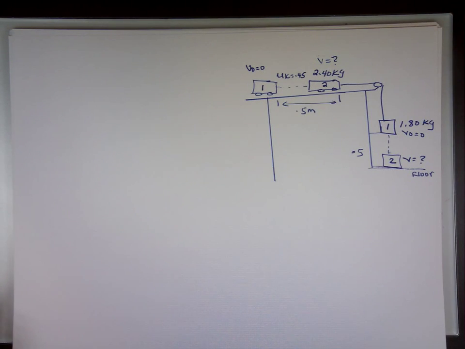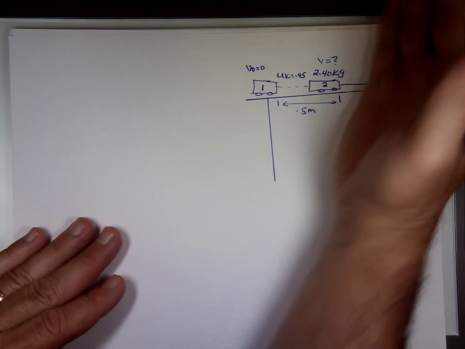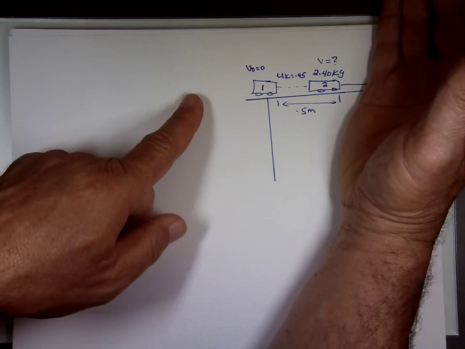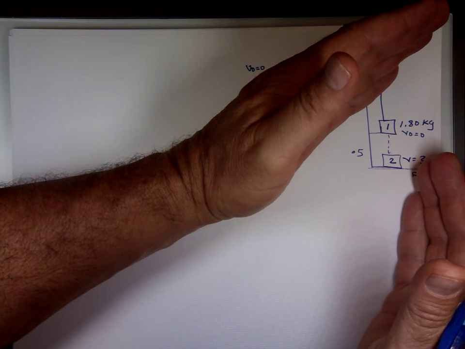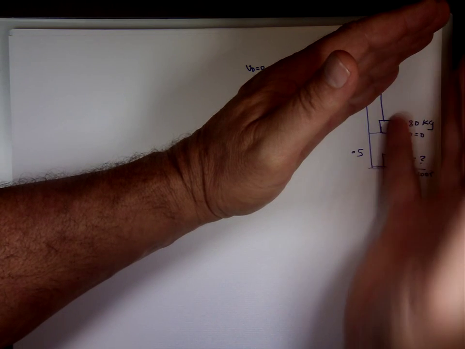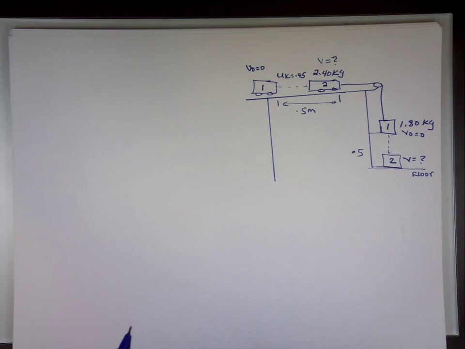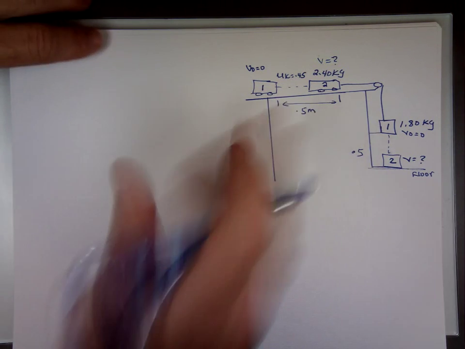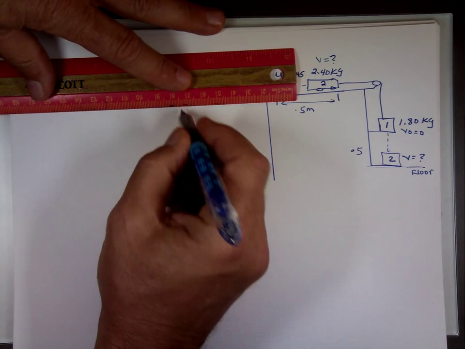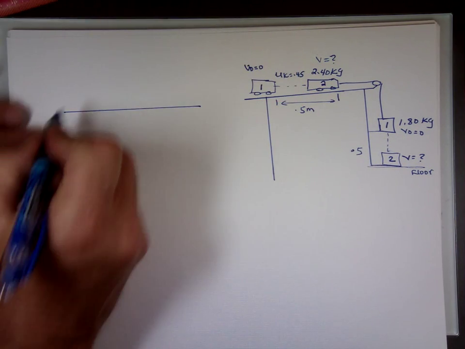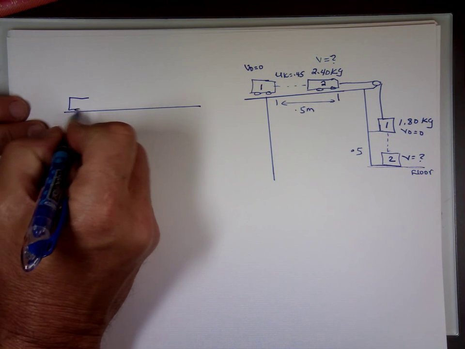It might be easy if I look at them as two different problems. Look at this as one problem, look at this as one problem, and look at the numbers before and after, case 1, case 2. Otherwise, you might get confused. So let's look at the top half, just the one on the table. It was here with initial velocity equal to 0.